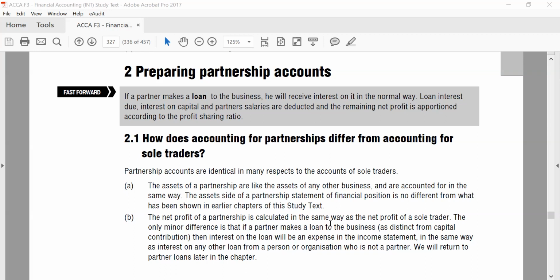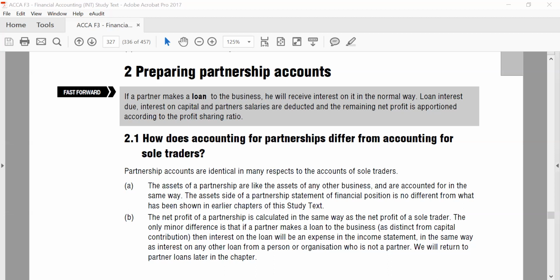This loan usually comes with an interest as well. Definitely, this interest is an expense to the partnership, which would ideally be included within our expenses.